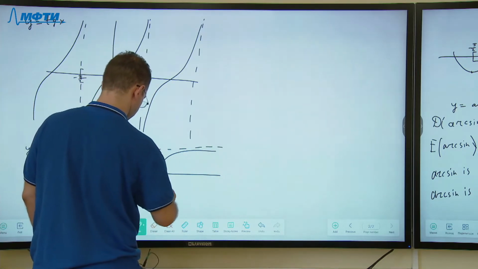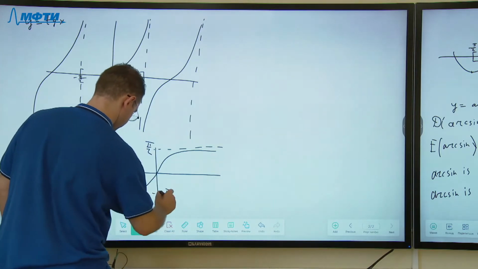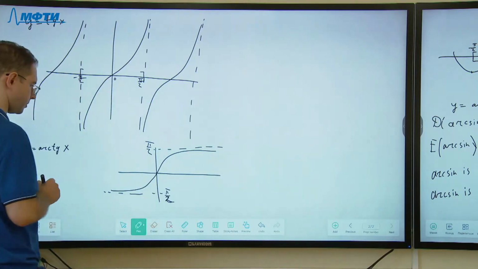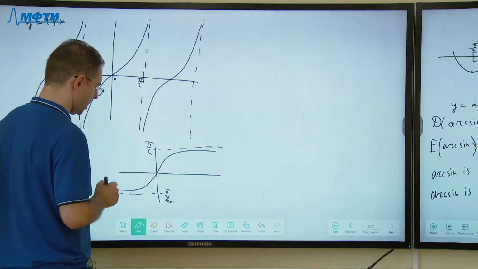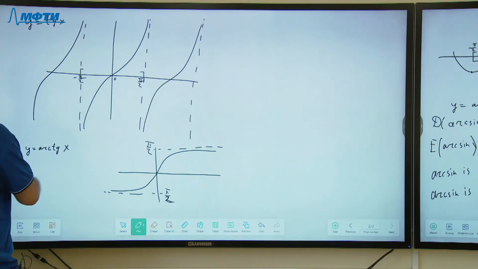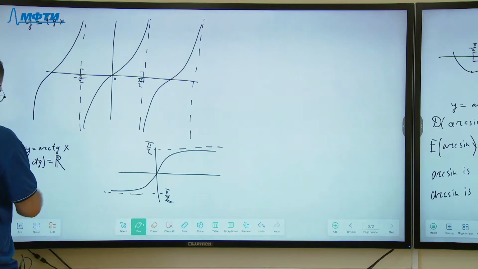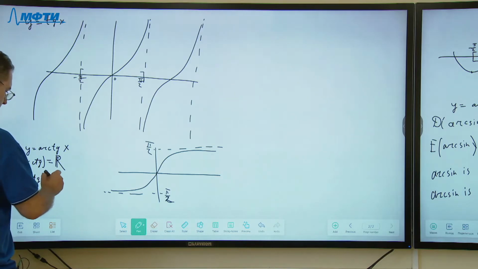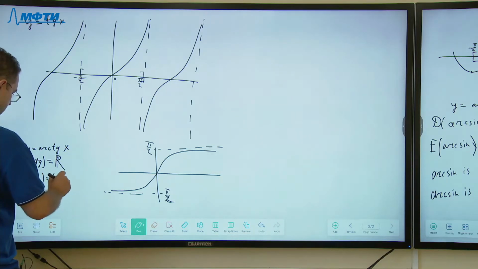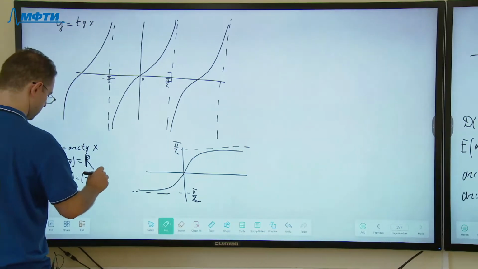Pi by 2, minus pi by 2. The domain of arctangent is R. The codomain is from minus pi by 2 to pi by 2.